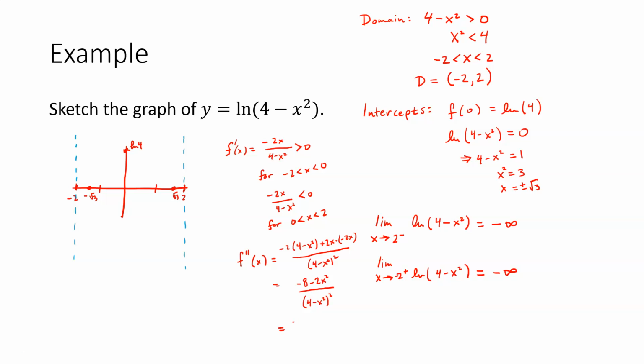And so actually factoring out the -2 upstairs, perhaps it's easier to notice now that this will always be negative. So you've got -2 times something that's positive divided by something that's positive. So that means it's always going to be concave down.